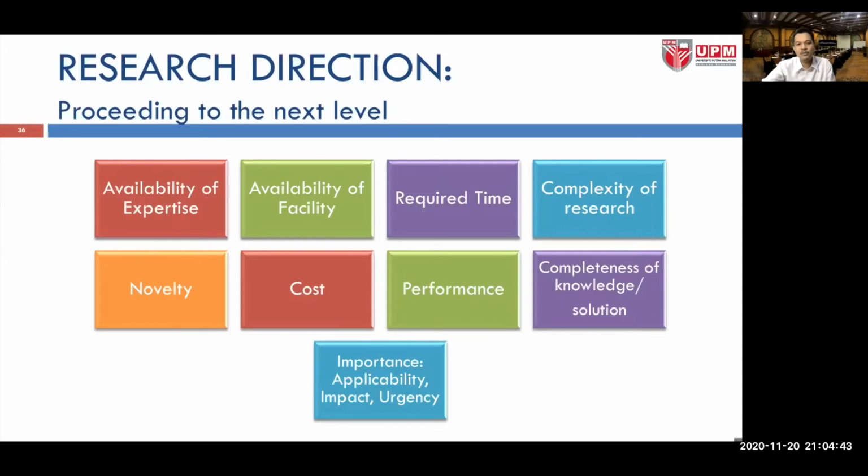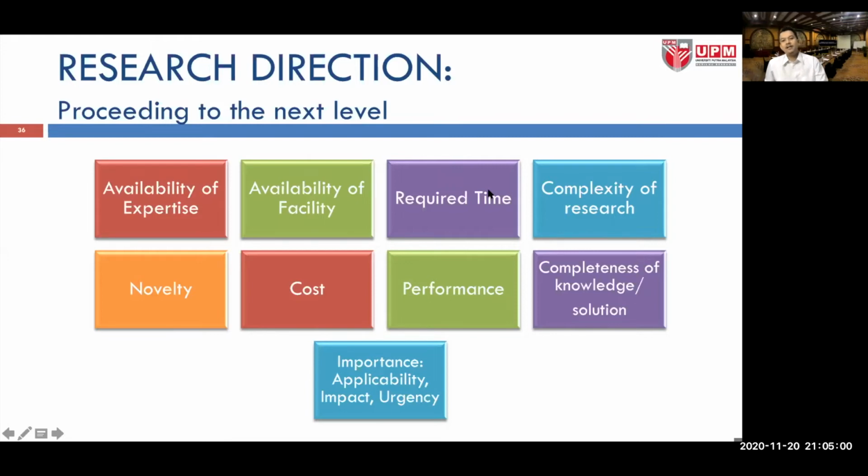You are better to do design rather than building a prototype and so on. Availability of facility, and maybe the software or the experimental rig is available at the lab and so on.